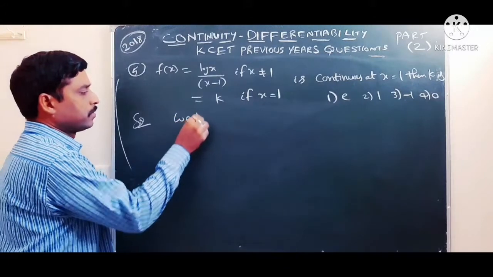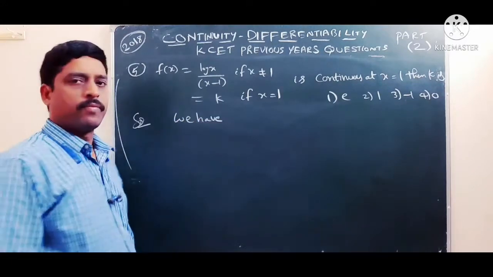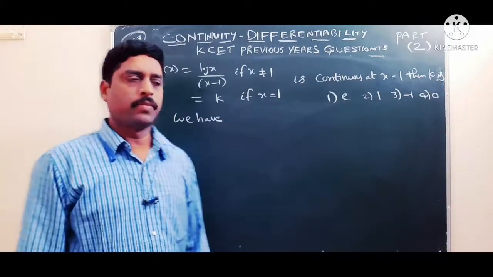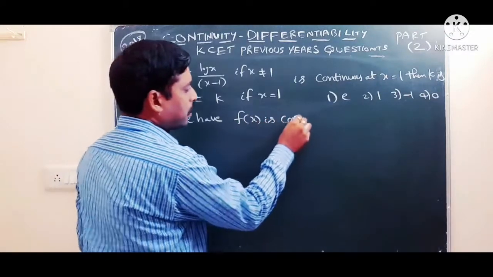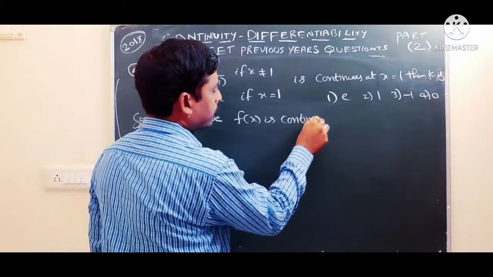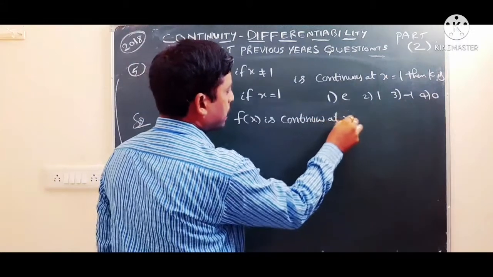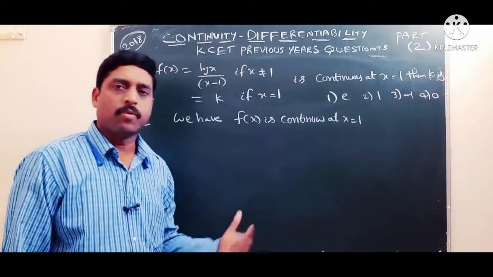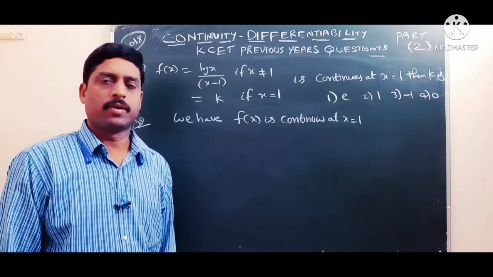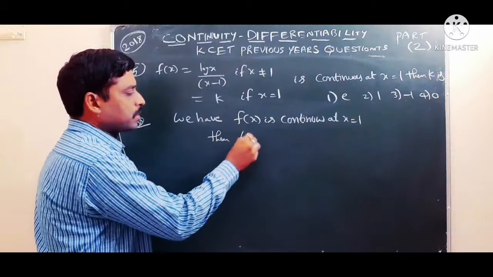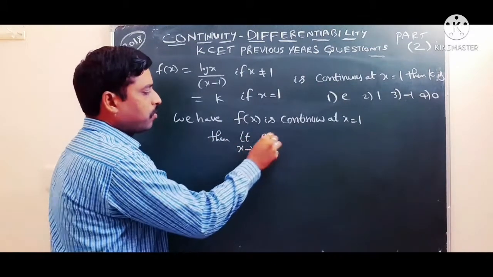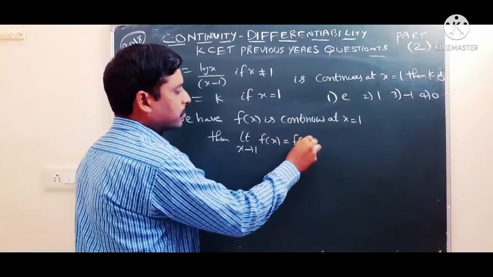We have, f of x is continuous at x is equal to 1. If f of x is continuous at x is equal to 1, then limit x tends to 1, f of x is equal to f of 1.